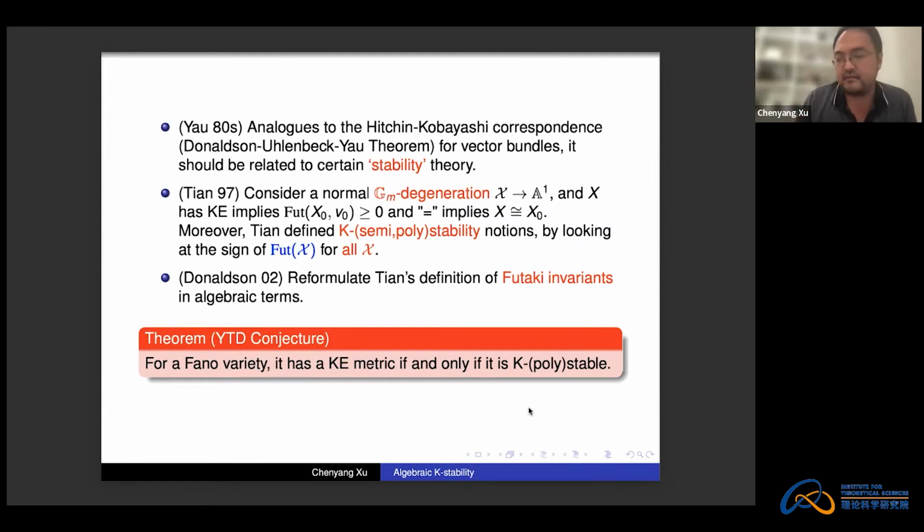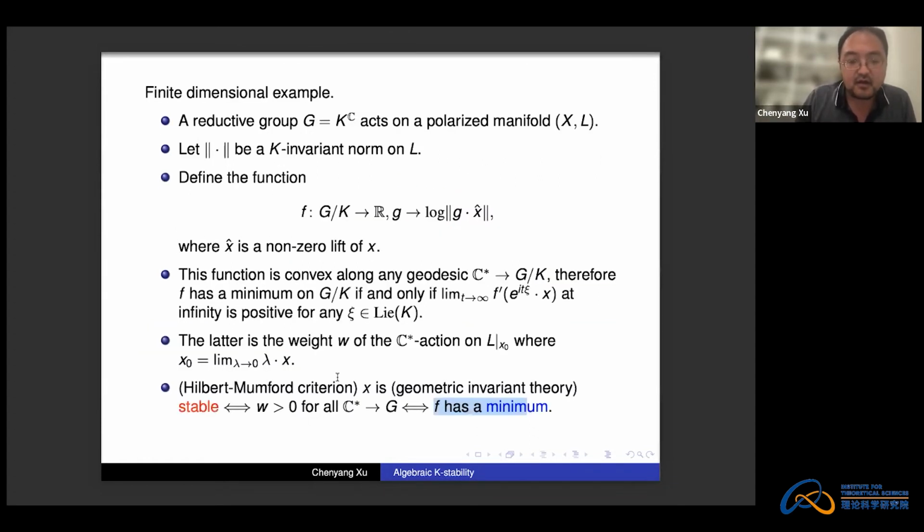I know there may also be some other reasons. But I think Tian's paper in 1997, which I mentioned a few minutes ago, was the one that really spelled out what the stability condition should be. In this five-dimensional example, there are two layers of stability.